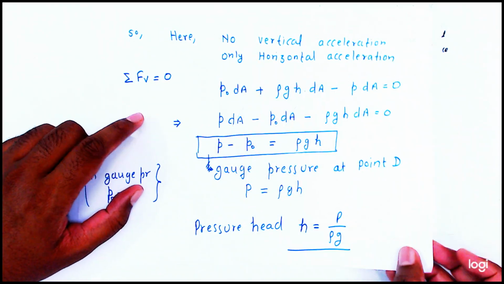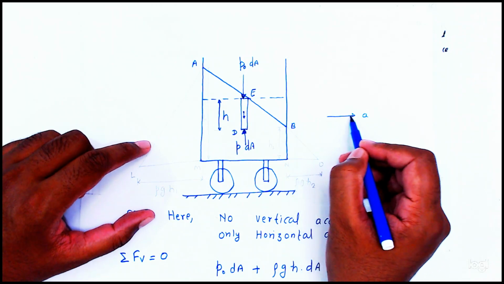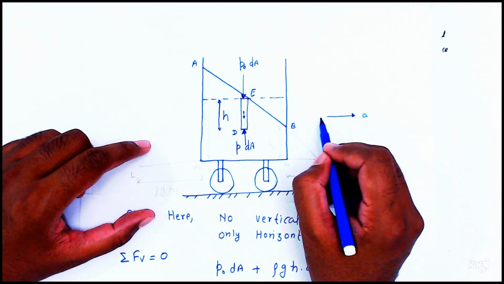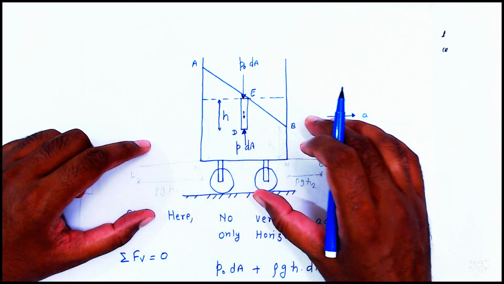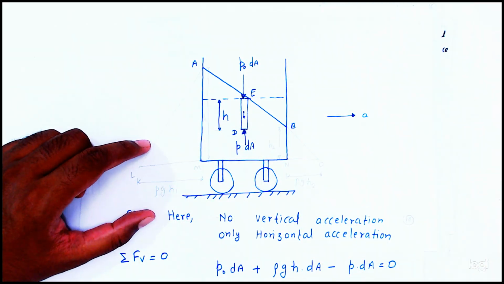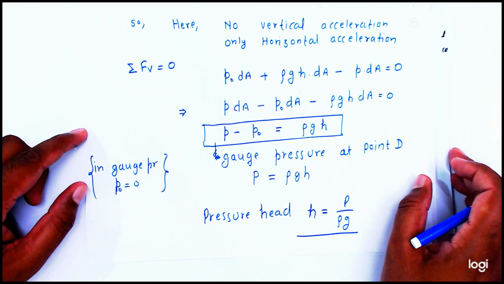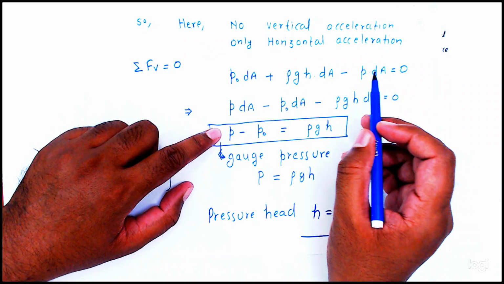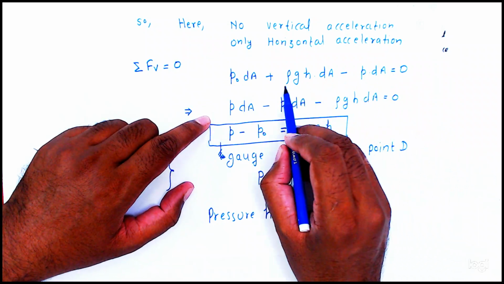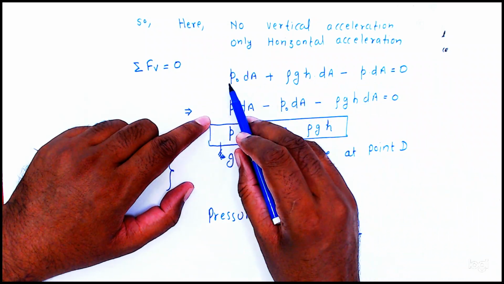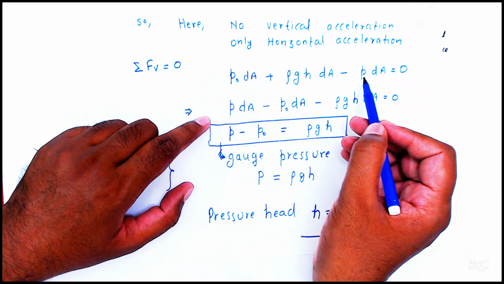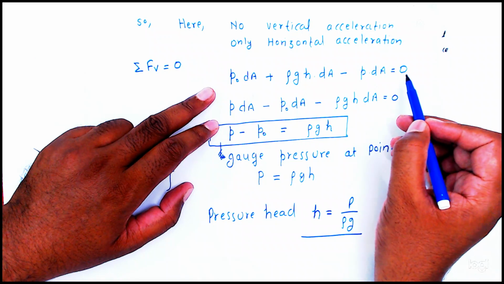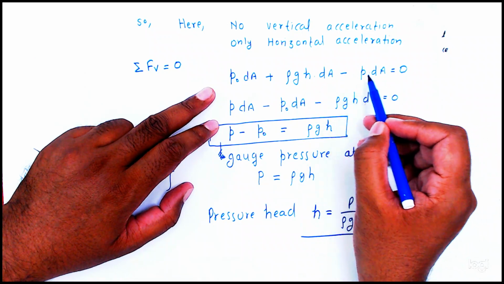Friends, here you see one more point. It is moving in the horizontal direction, so whatever acceleration is there, it will work in the horizontal direction. There is no movement in the vertical direction, so the vertical direction acceleration will be 0. Correct? So from here you see friends, we will take a minus on all these terms. So minus and minus become plus.